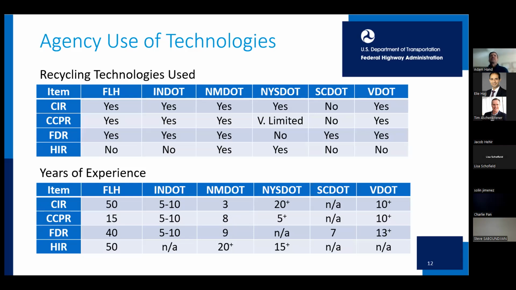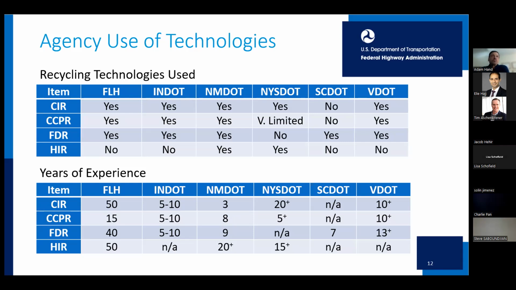Now, to get into some of the data, this slide summarizes the technologies that the different agencies were using, and you can see none of them were really the same. And obviously there are reasons for that. In the first column, we've got the technology type, which was CIR, CCPR, or FDR. And then across to the right, we've got the different agencies.